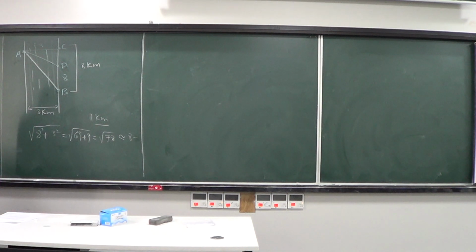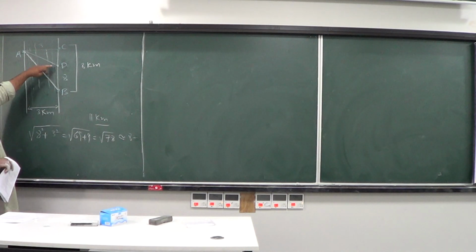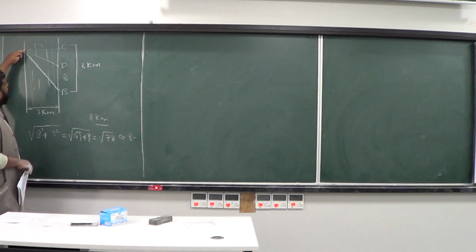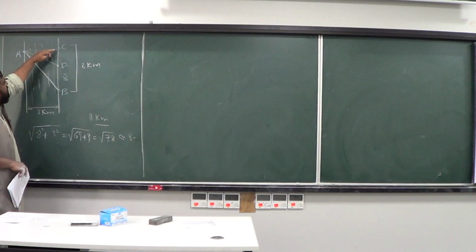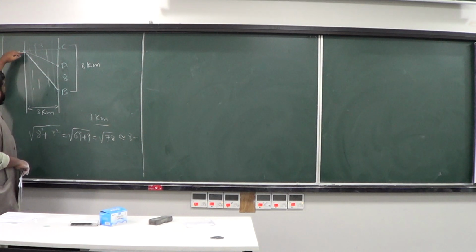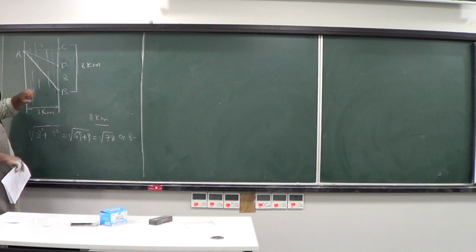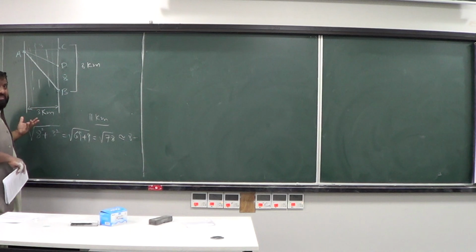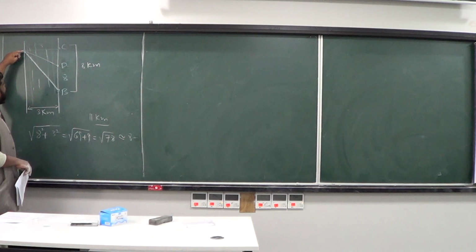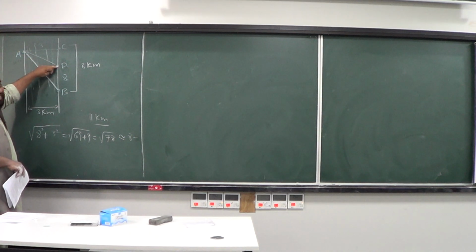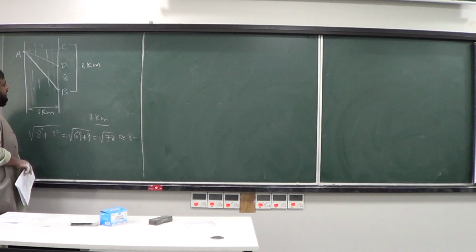So he doesn't want to, for example, run too much, or consume a lot of fuel to reach the point B. So what he decided basically is to boat to some suitable point D between C and B, and then run between D and B.